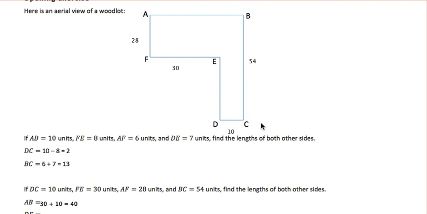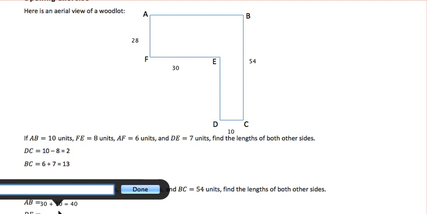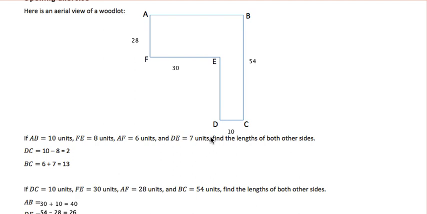And DE will be BC minus AF, which would be 26. So you can find the missing measurements in a figure by looking at other sides that may be parallel to and the same length as those opposite sides.